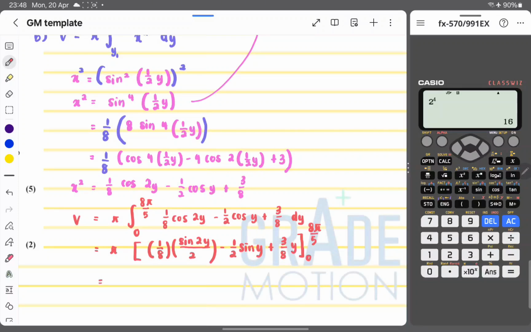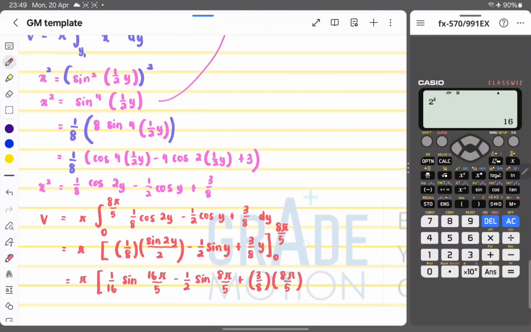Let's now substitute the value. So we have 1 over 16 sine of 16 pi over 5 minus 1 over 2 sine 8 pi over 5 plus 3 over 8 multiplied by 8 pi over 5.